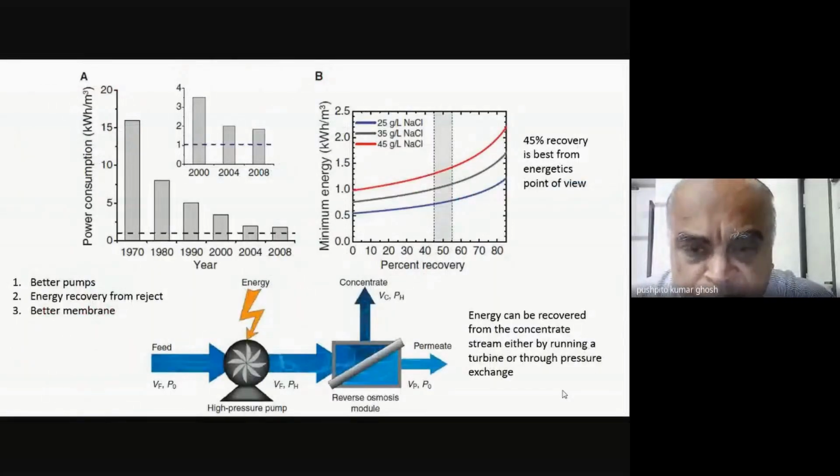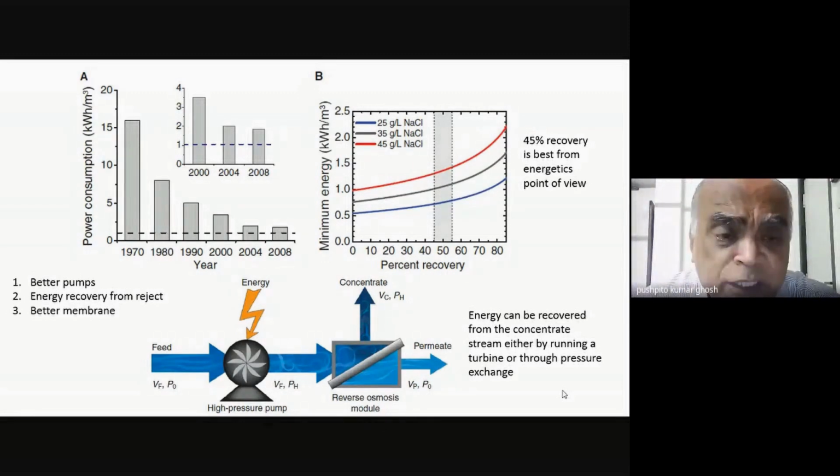Now, let us see what are the very significant developments that have taken place over the last few decades, maybe the last 50 years. Now, look at this. In 1970, about 50 years ago, the actual power consumption requirement was about 16 kilowatt hour per meter cube of pure water.